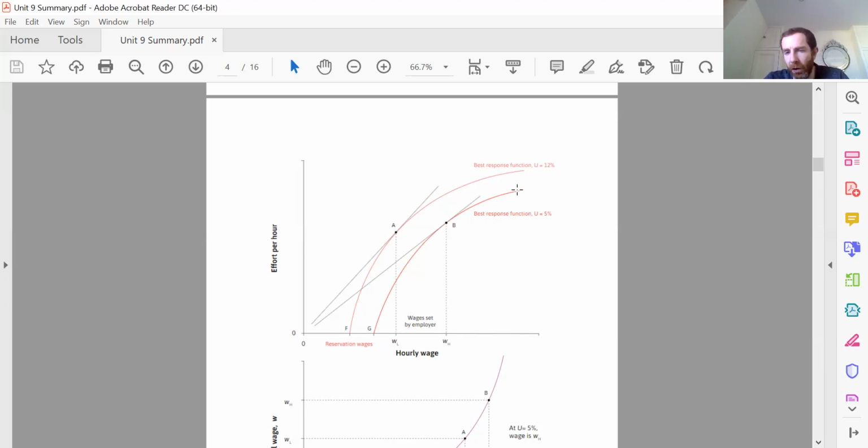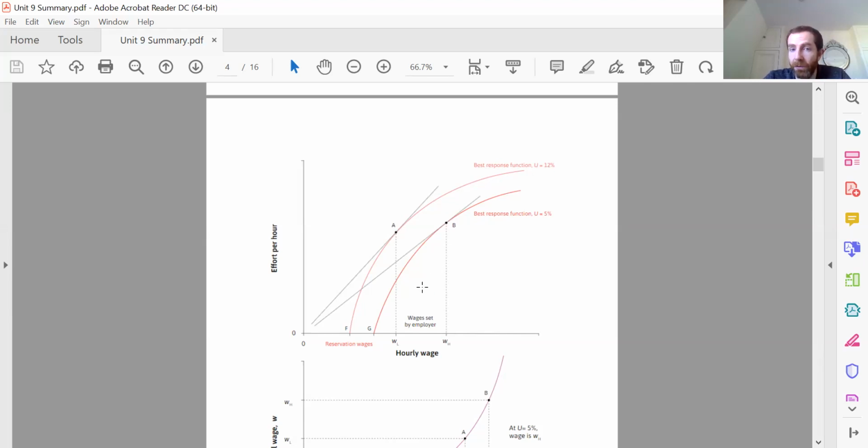So that's why it kind of curves like this. And crucially, this curve has a particular position because we are assuming the unemployment rate in the economy. What would the wage be that firms pay this worker?